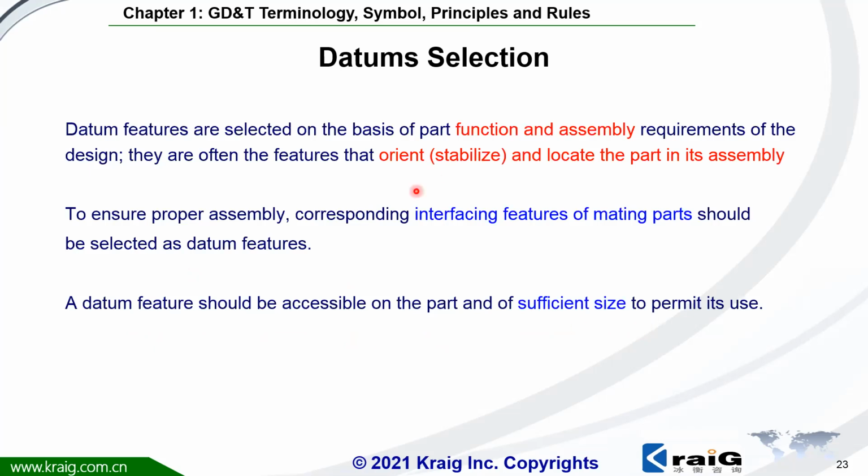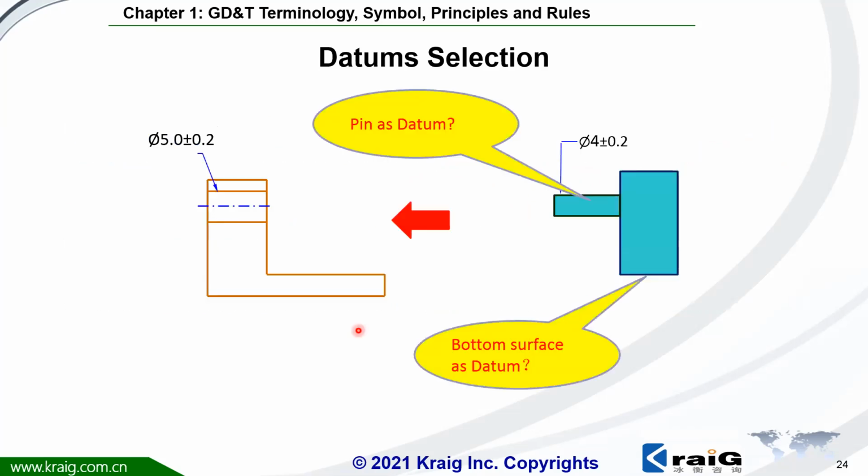So this is why we're going to go into detail on how we could select the datum. It's going to reflect function and assembly requirements, and it's supposed to have sufficient size to orientate, stabilize or locate parts. Let's have a look at one example of how to select a datum. There's a part A here, and there's a part B. There are two parts, and part B and part A are going to be assembled together.